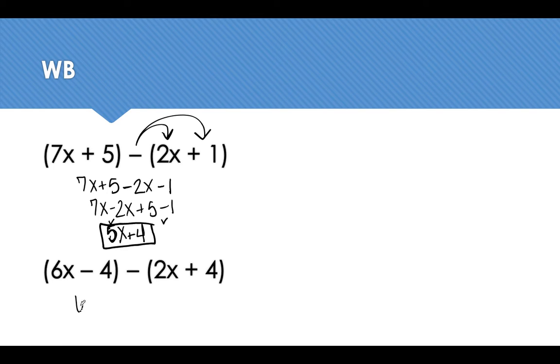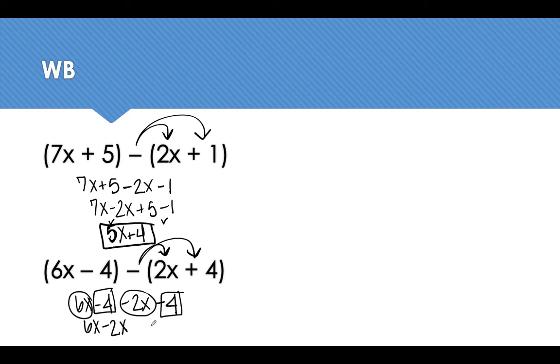For our second example, 6x minus 4 stays the same, and then you're subtracting a 2x, and you're subtracting a 4. Rewriting this so that the like terms are next to each other, we have 6x minus 2x, and then we have -4 and a -4, so we have -4 minus 4.